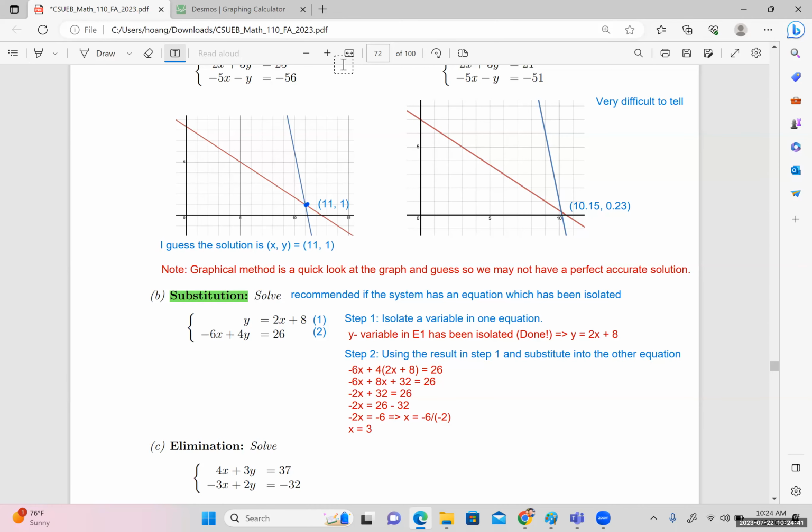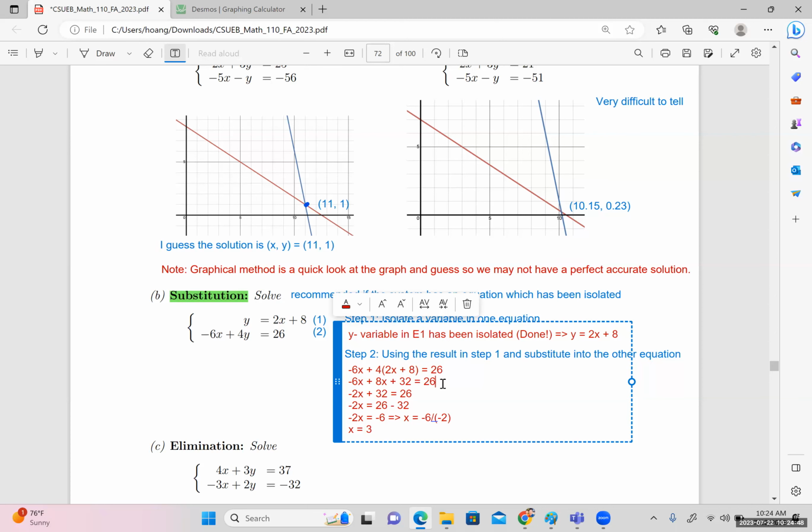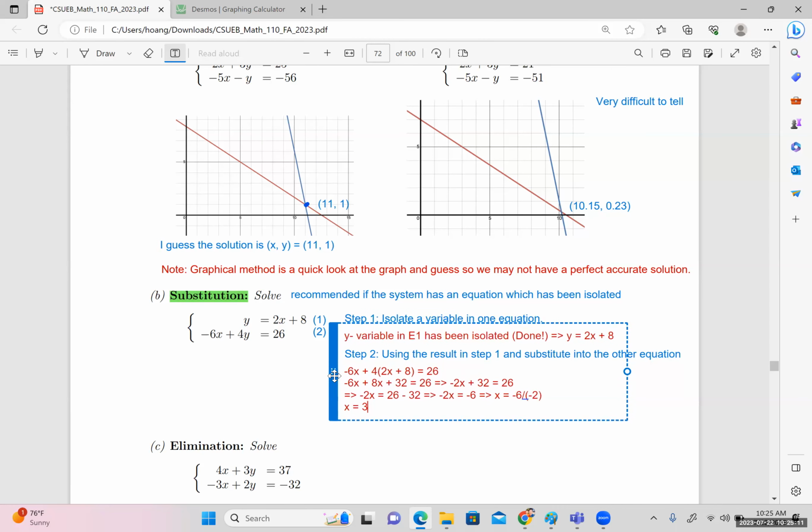We need to have the y value. Maybe I will have to save some space, so I will move this up, and this one up. Does it look better?